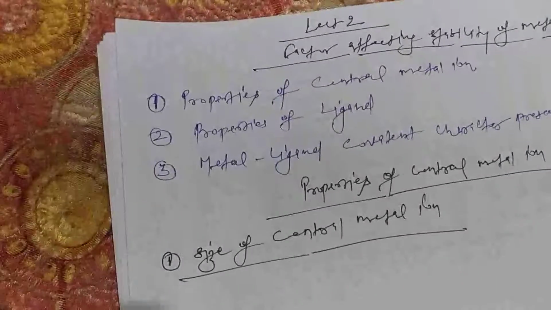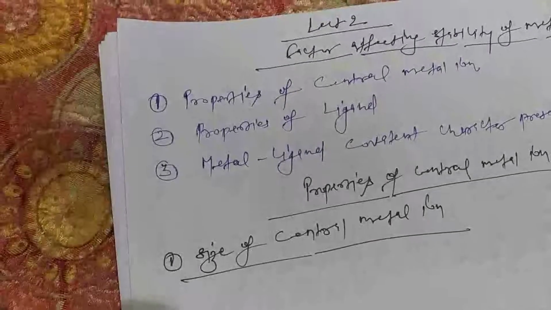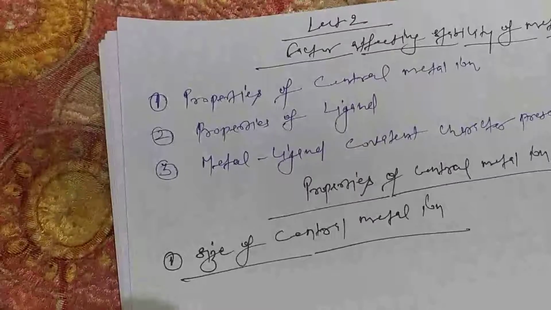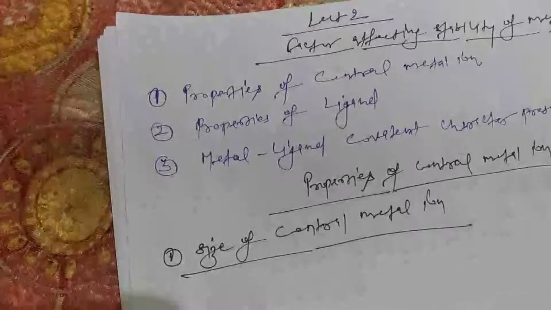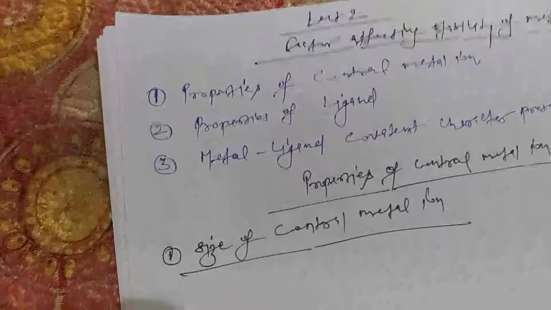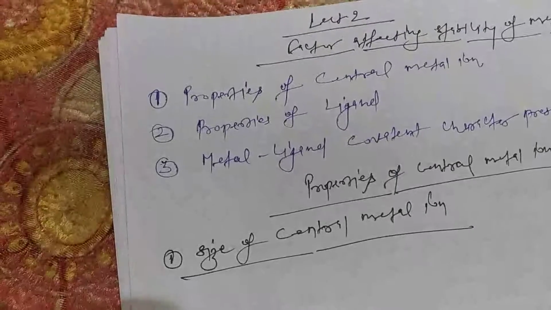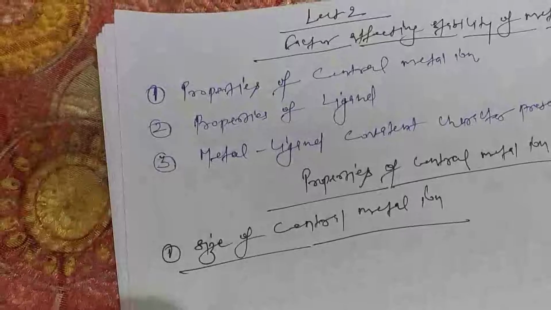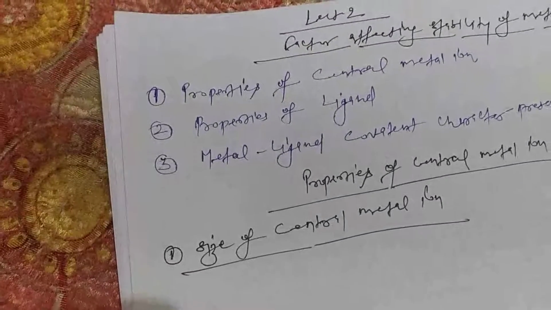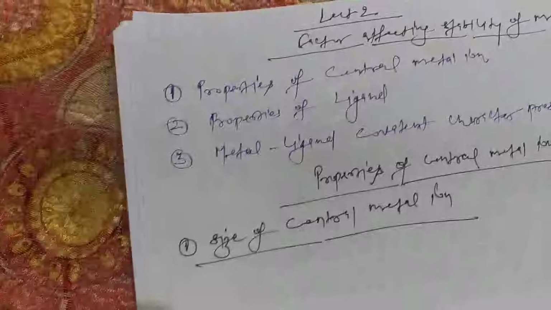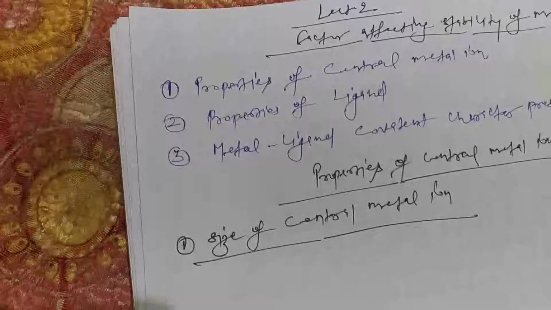Well, the stability of the complex given by the cations belonging to the same group having the same charge. We all know that in a particular group the charge is similar. So here we are talking about the size of a central metal ion.